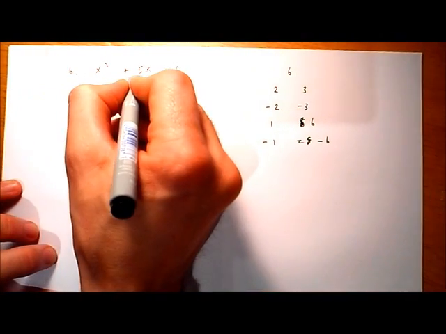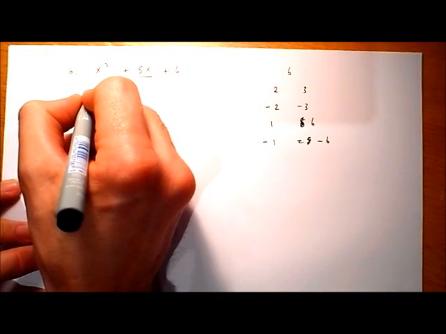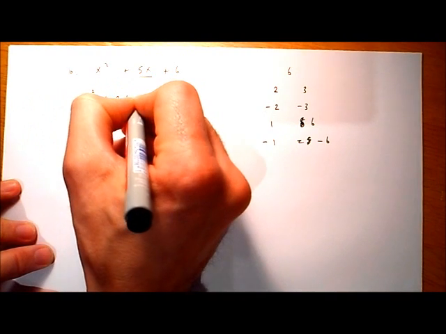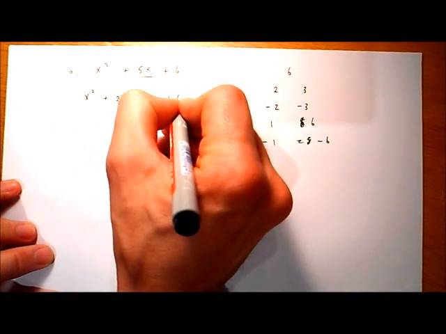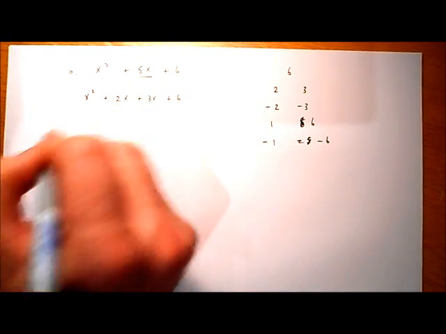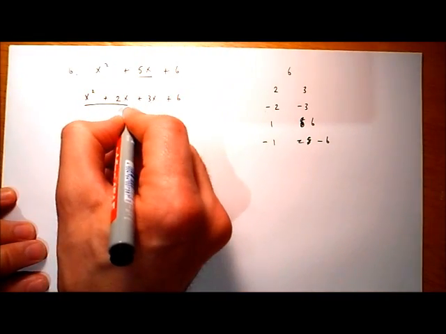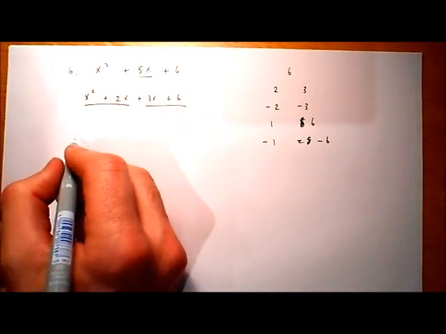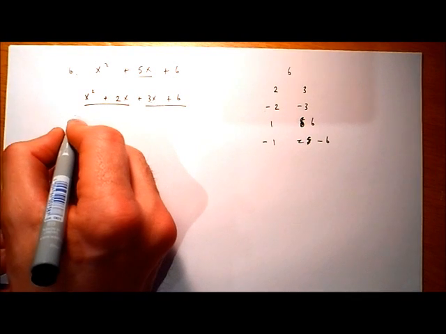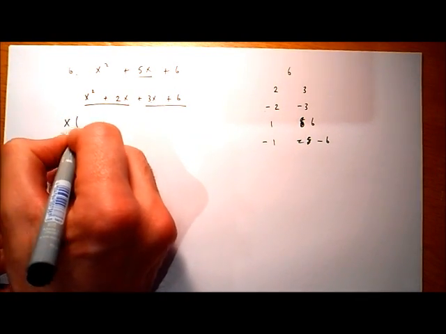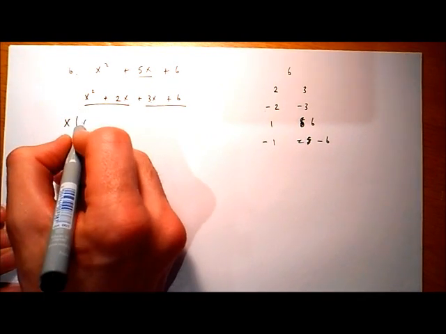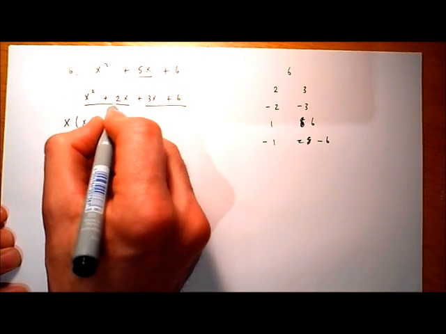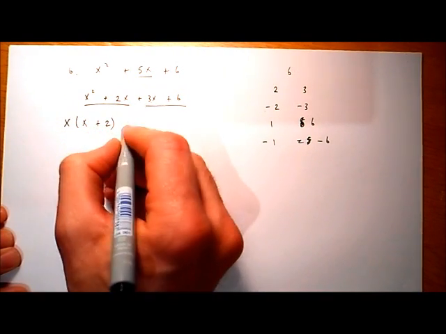So I'm going to split the middle term. There's the middle term, and I'm going to split it by writing x squared plus 2x plus 3x plus 6, because 2x plus 3x gives 5x. And now I'm going to group these two terms, and factorize them by taking out a common factor. So I'm going to rewrite that as x times, well, x by x will give x squared, and x times plus 2 will give plus 2x.